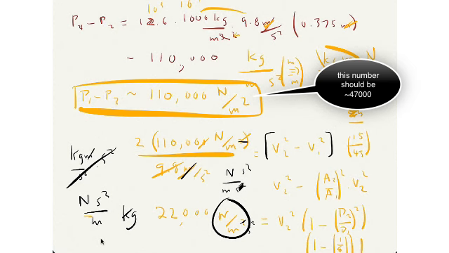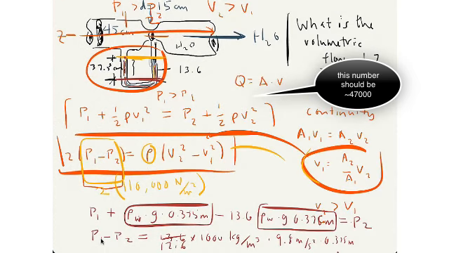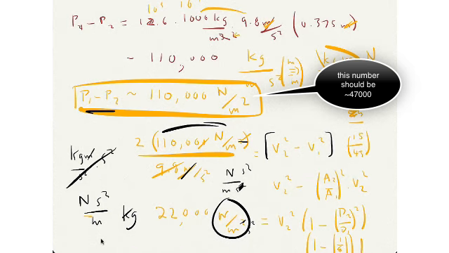Okay, let me go back up to my equation here. Pressure difference, expecting to have force per area, newtons per meter squared. That looks right. That goes into this part of the equation. Let me turn the page. Oh, the density, I left that out. Ooh, horrors.